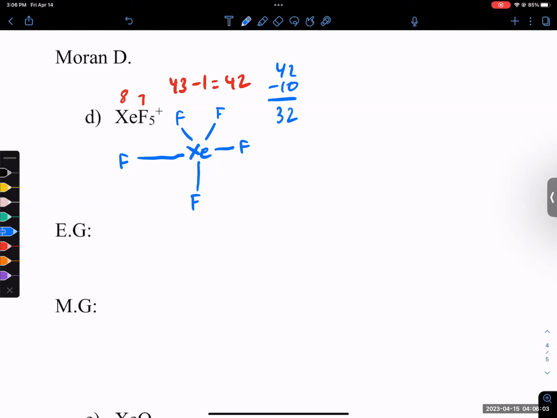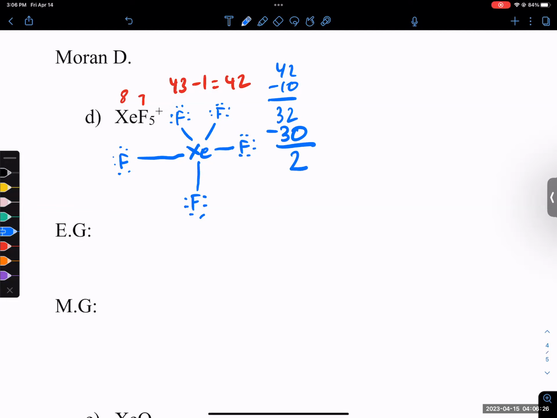Then we have to make all these fluorines happy, so we add 3 lone pairs to give them a total of 8 electrons. That was 30 electrons used up. So we have a total of 2 electrons left.